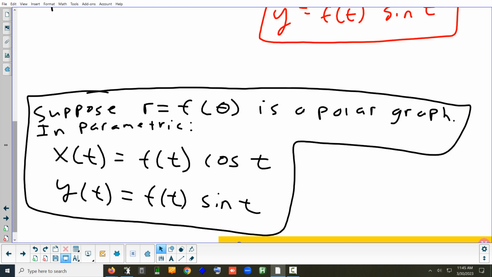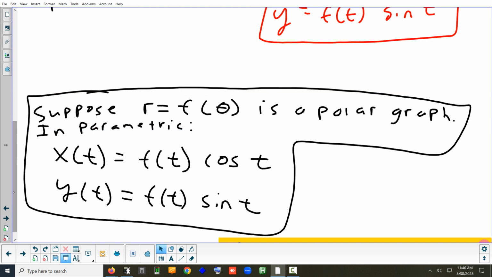It's the same thing I wrote right here. Remember, when they give you the formula in polar, they are going to use theta, because theta is what you use in polar. When we convert to parametric, you need to change all your thetas to t's. It's just renaming, because that's the variable we use. So your function renamed with a t times cosine, and then your function renamed with a t times sine.